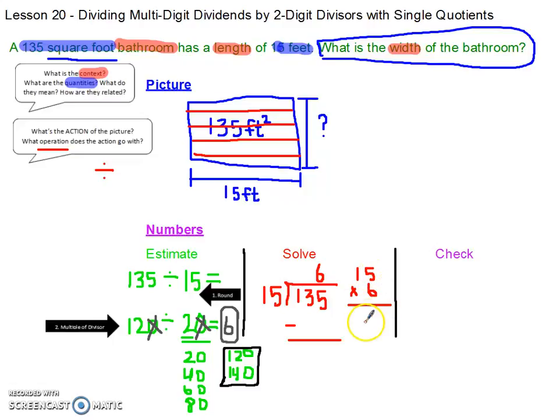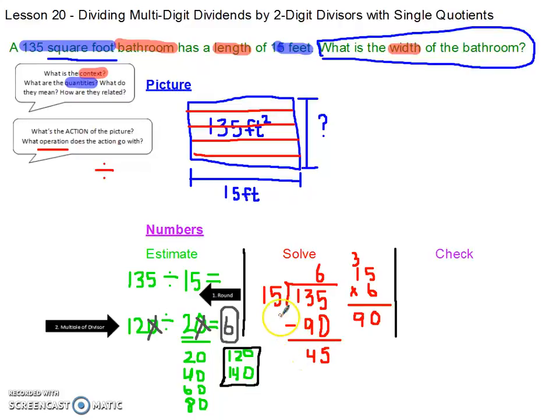So 6 times 5 is 30. 6 times 1 is 6, plus 3 is 9. And so I have 90 that I'm taking away. And here I am left with 45.